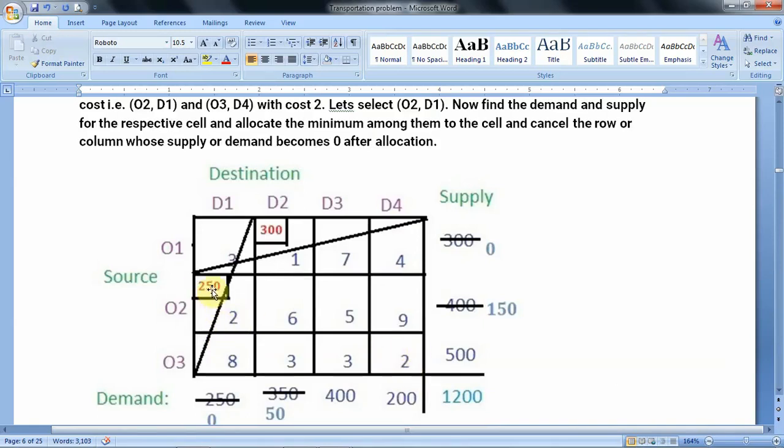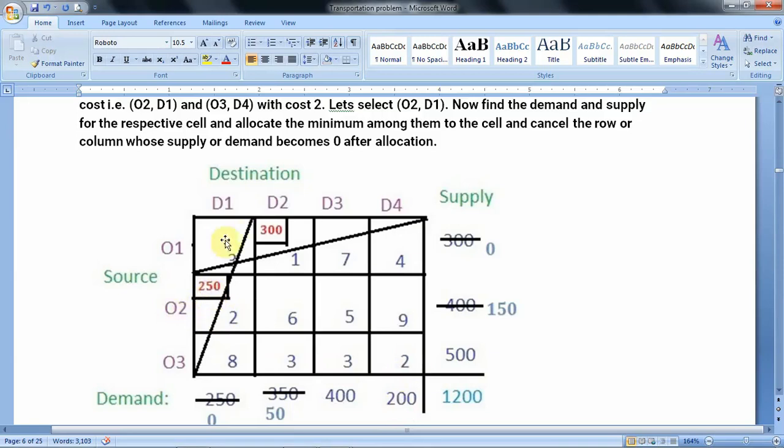But which one we can select? That is O2 D1, because O2 D2 can be allocated a maximum of 250 units, and the O3 D4 cell's maximum allocation is 200 units. So which one is more?